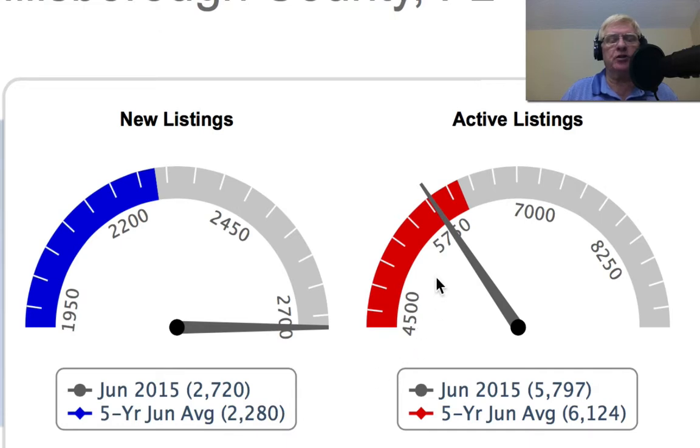If we had looked at this chart a few months ago, earlier this year, the needle would have been further down in the red part because we did not have as many active listings as we have right now. So yes, the supply has gone up relative to the number of active new listings last year. But there's another side of it.